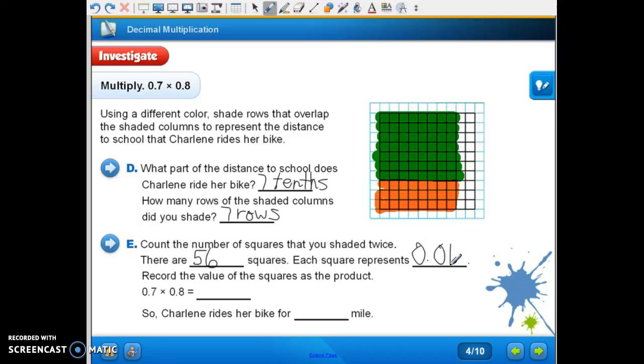So 7/10 times 8/10 is 56 hundredths. No, nothing in the ones place but 56 hundredths. So Charlene rides her bike 0 and 56 hundredths.